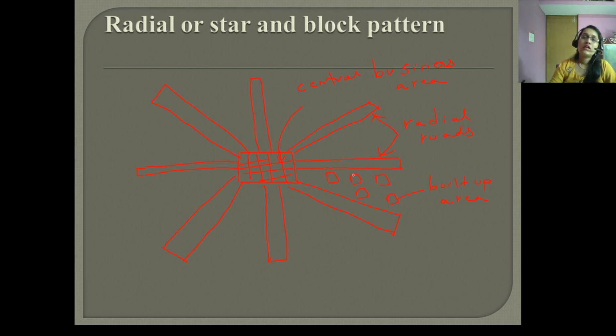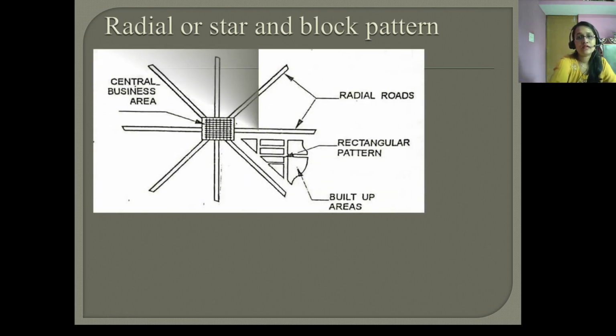It reduces the level of congestion at primary bottleneck locations. You can see here the radial or star and block pattern. This is the central business area, radial roads.